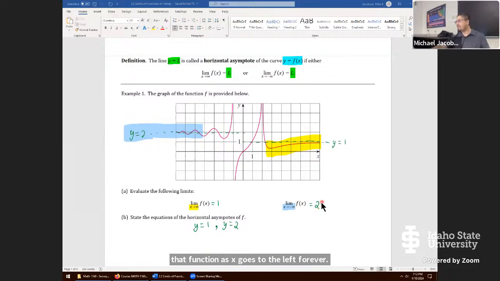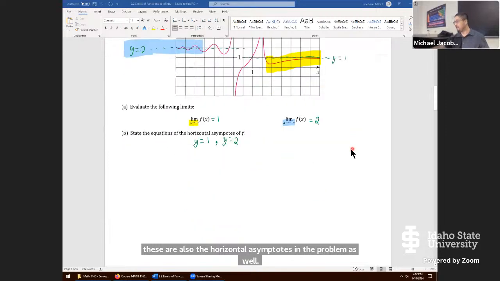It may not hit it exactly, it's going up and above it, but that's where it's getting closer and closer to. Towards the right, it's getting closer and closer to positive 1, so we indicate that there. It's not a coincidence that these are also the horizontal asymptotes in the problem as well. So visually, this is what limits at infinity look like.